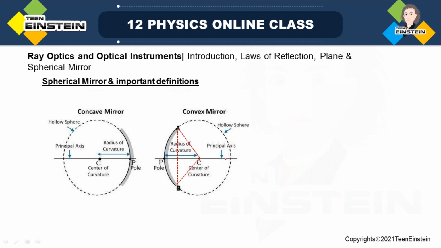So spherical mirror means if you take a hollow sphere and just chop off a part of the sphere, then you get a part of the sphere, the spherical surface.